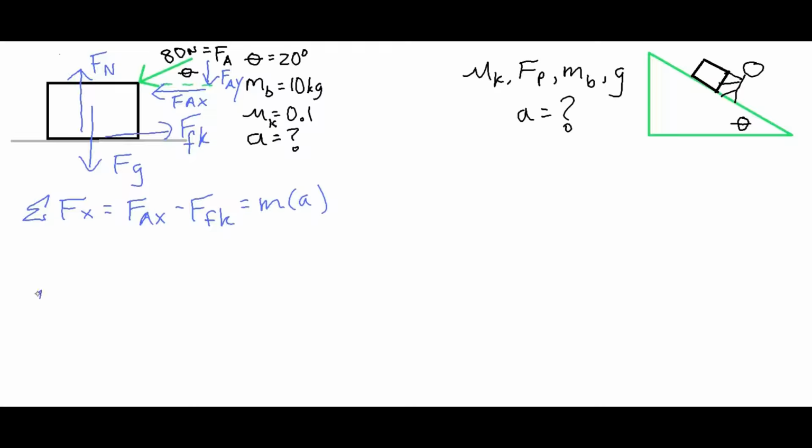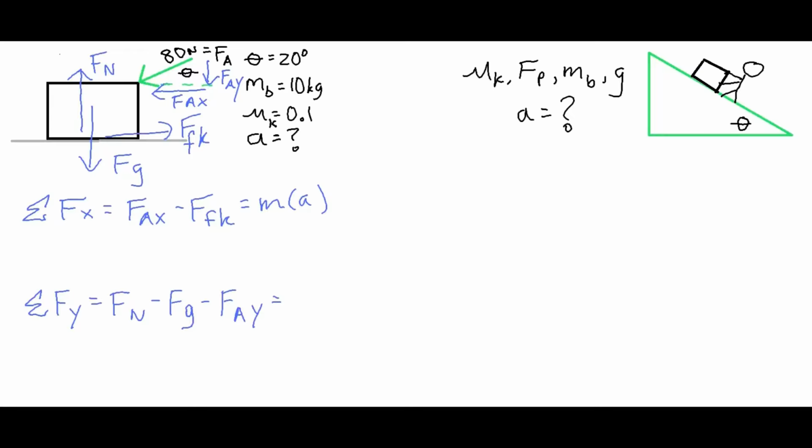Secondly, we have the sum of forces in the y direction. And if I'm taking a look at it, I have two of them going down, my FAY and my FG, and then I have my FN going up. So I normally say everything up is positive, everything down is negative. So FN is my positive minus my FG minus my FAY.